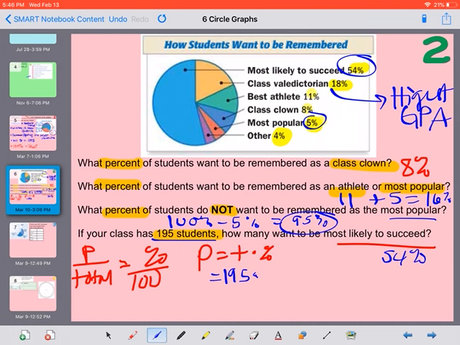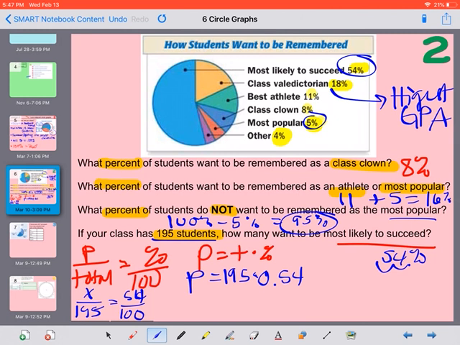So I'm going to use a percent equation. 54% as a decimal would be 0.54, 54 hundredths. That will give us the part, or the number of people that do want to be remembered as most likely to succeed. How many people that is, not the percent. If you set up your proportion, you would need x on the top. The total was 195 people, and you knew the percent was 54 out of 100.